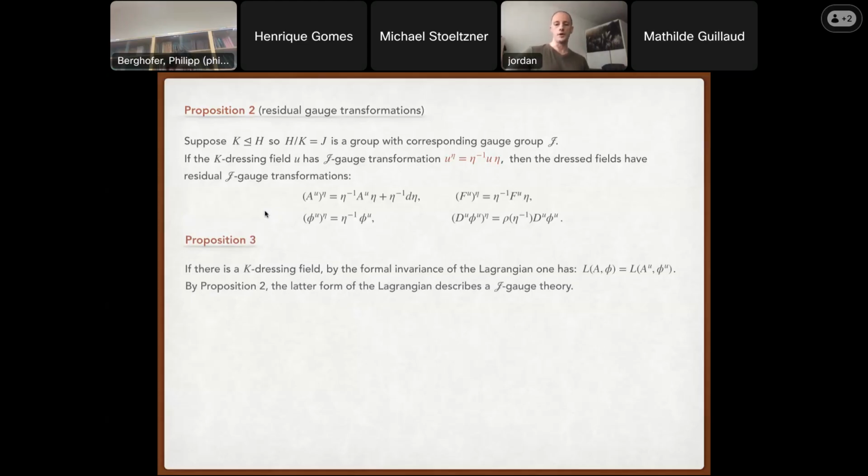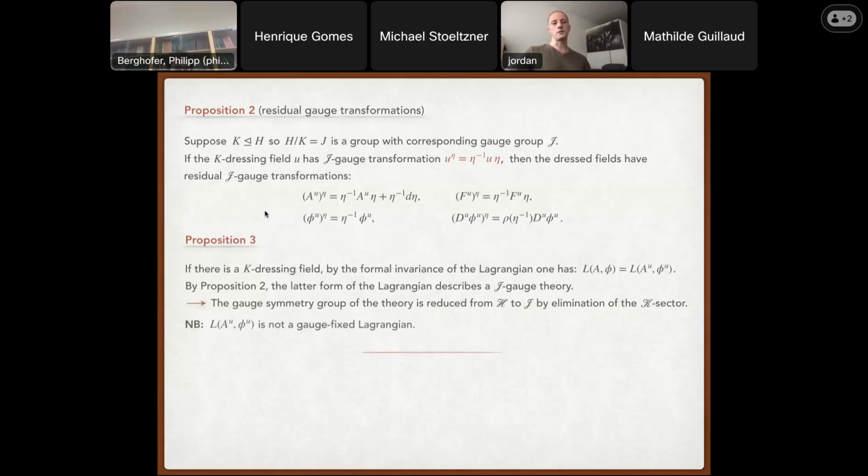So you've started from an H theory and you end up with a J gauge theory. So you have eliminated part of the gauge symmetry. That's why the dressing field is a systematic tool, an algorithm to build gauge invariants, to reduce gauge symmetries in gauge field theory.